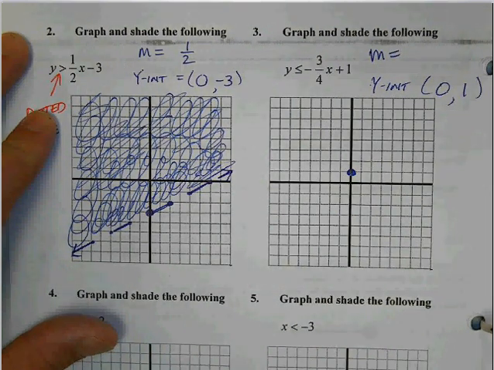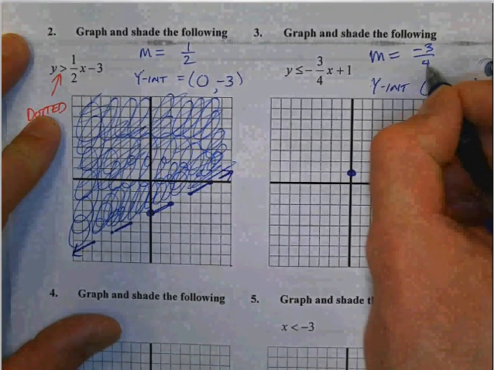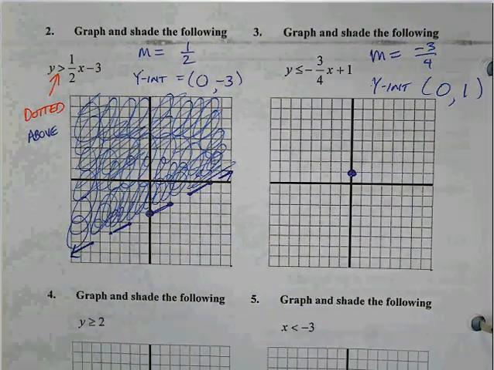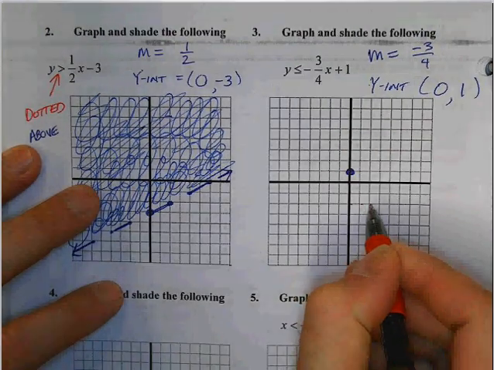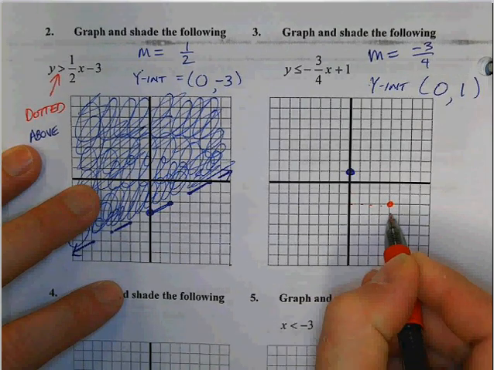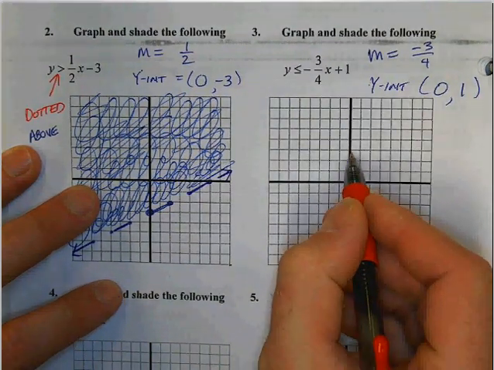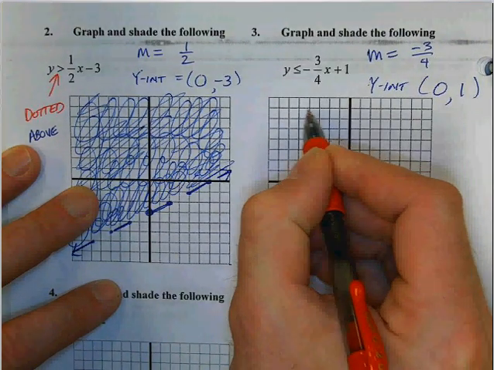Go ahead, Haley. -3/4. So that means I go, Kyle, down 3/4. 1, 2, 3, 1, 2, 3, 4. We go backwards. Okay.